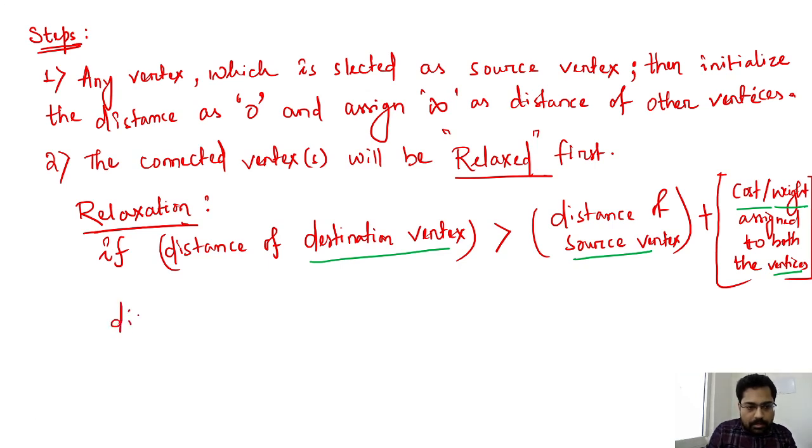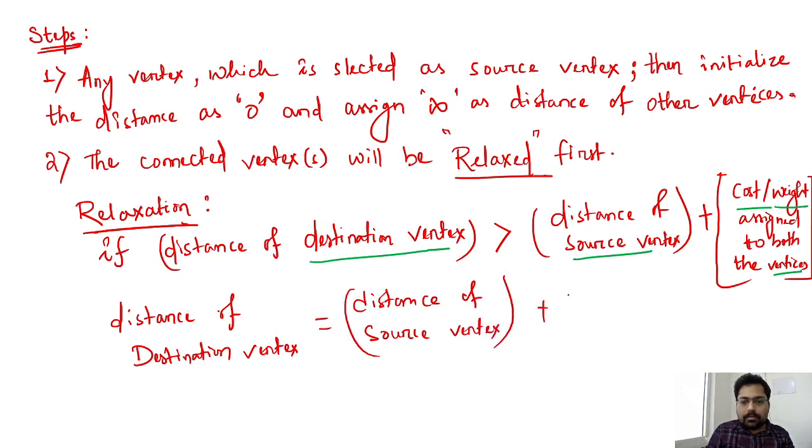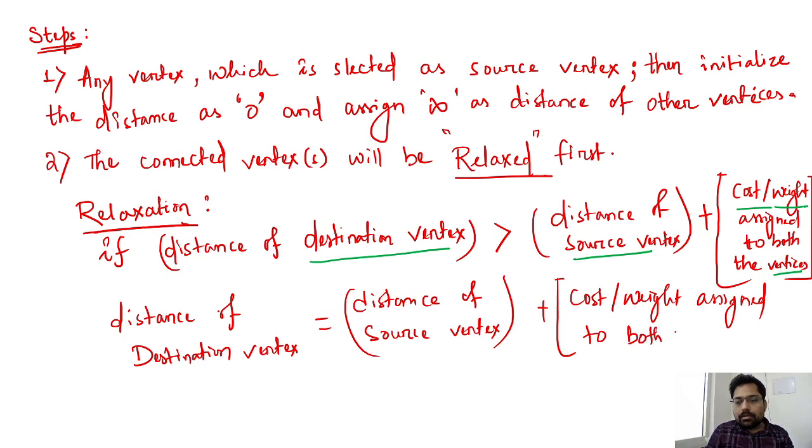Distance of destination vertex will be equal to distance of source vertex plus cost or weight assigned to both the vertices.